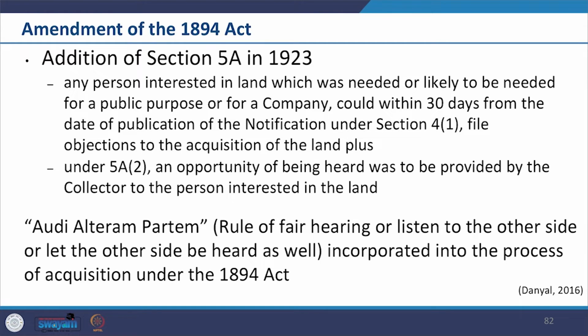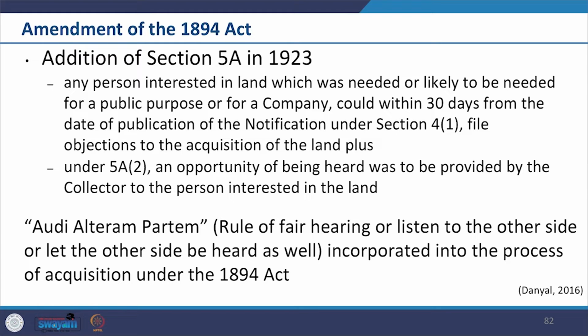Under it, any person interested in land needed or likely to be needed for a public purpose or for a company could, within 30 days from the date of publication of the notification under Section 4(1), file an objection to the acquisition. Plus, under 5A, an opportunity of being heard was to be provided by the collector to the person interested in the land.